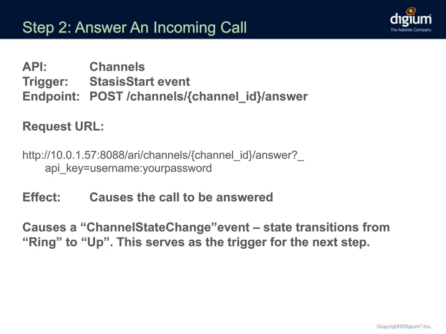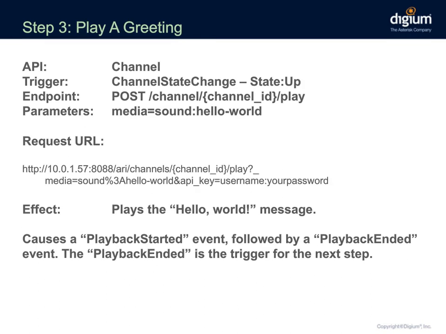And the effect of this will be to take the call off hook. At the same time, it's also starting the process which will wind up generating another event, which is the channel state changed event. And that is what we would use as a trigger for the next step, which is to play a greeting. So you will take the channel and you'll listen for events coming in related to that. And if you get channel state change and the resulting state shows as up, then okay, great, we know it's time to play our greeting.